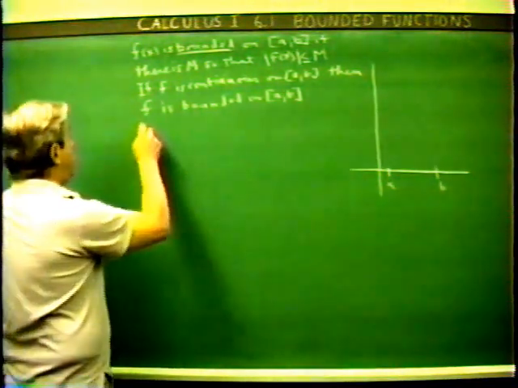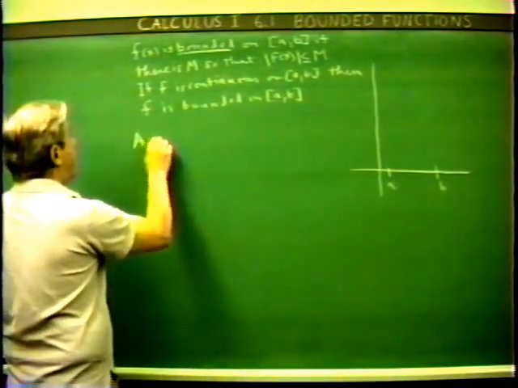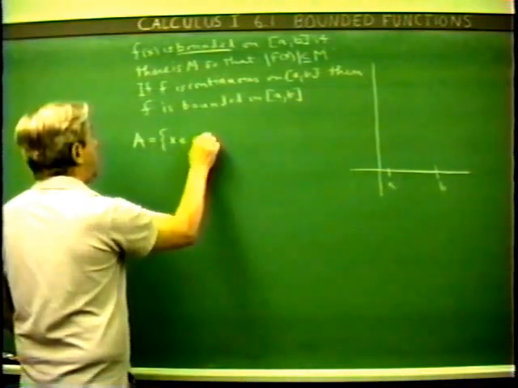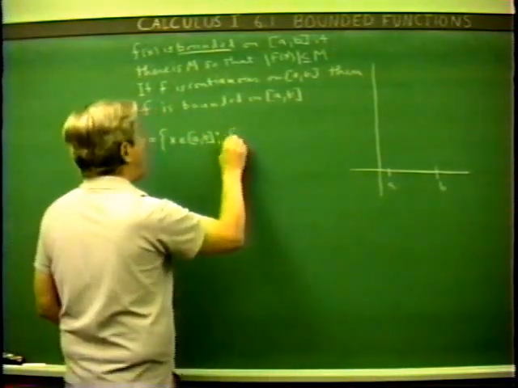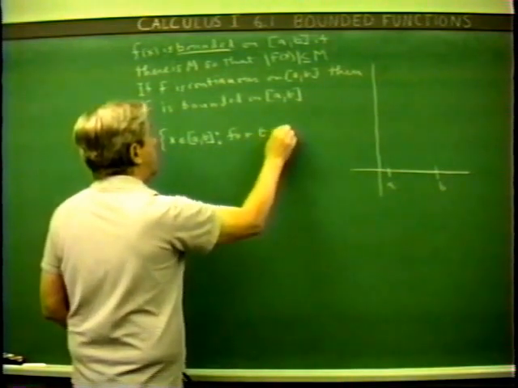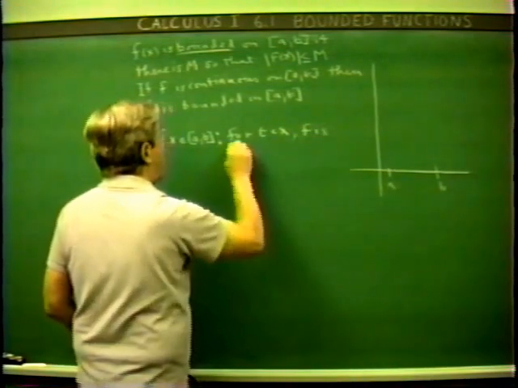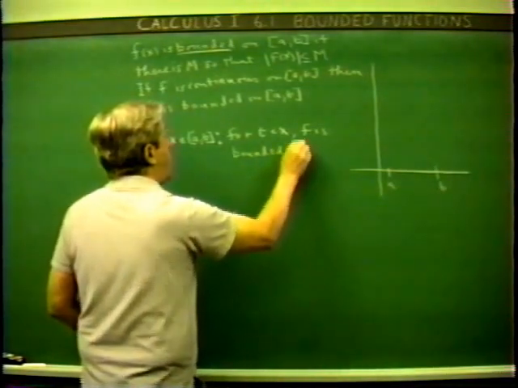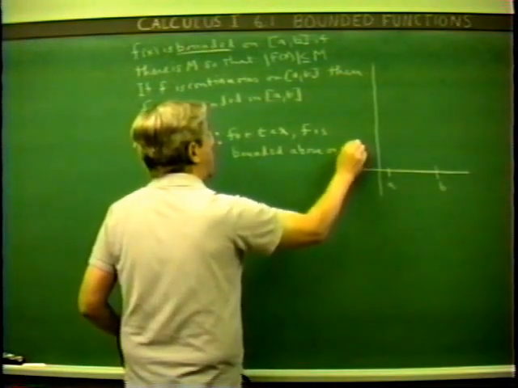Okay, so to make this application, let's fix a function f, and let A be the set of x in the interval [a, b] such that for t less than x, f is bounded above on [a, t].